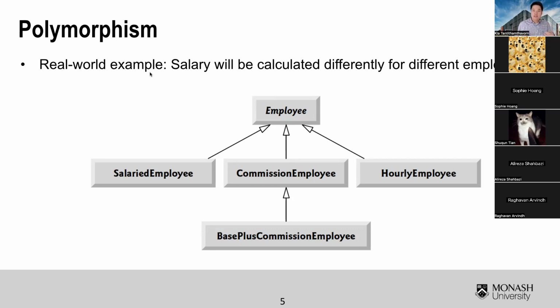In this case, the employee is the superclass, the base. We define the common properties, attributes and operations, and for each type of employee we can create a subclass that inherits the common properties of the employee.